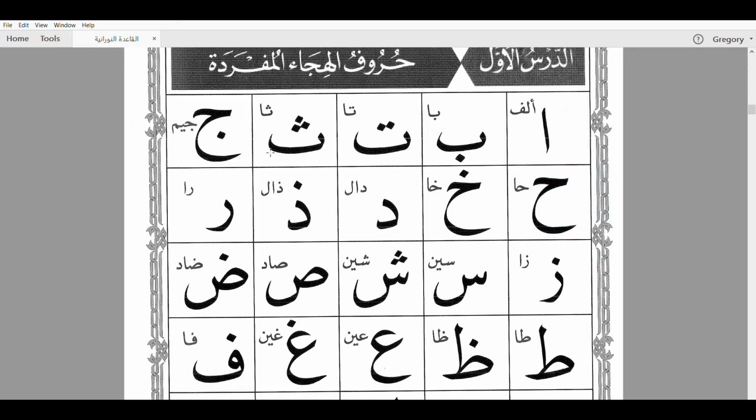Okay. And then you have these 2 which are written similar. You have dal, and then you have dal. So dal is just like the D in English, the letter D. And then dal is just like in the word the. And it's always that sound. So these 2 are kind of interesting.